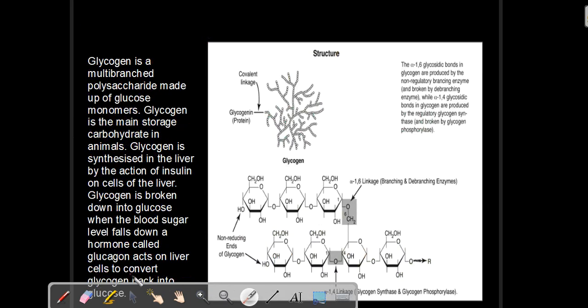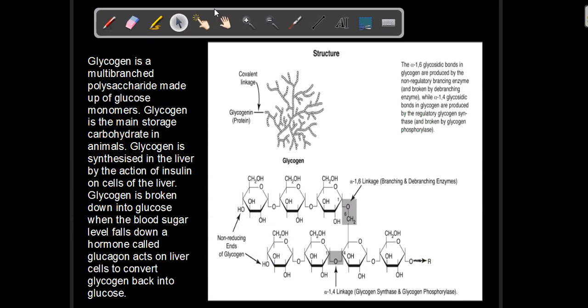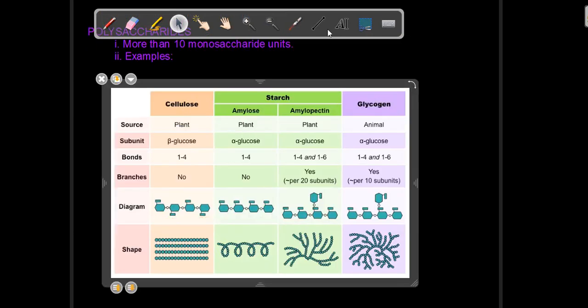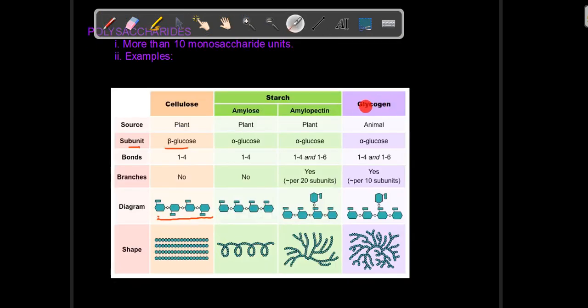Moving to the next polysaccharide, we have glycogen. Let's go back to our comparison table, and we are coming here. This is glycogen. Glycogen is found in animals only, because it is a storage polysaccharide present in animals.